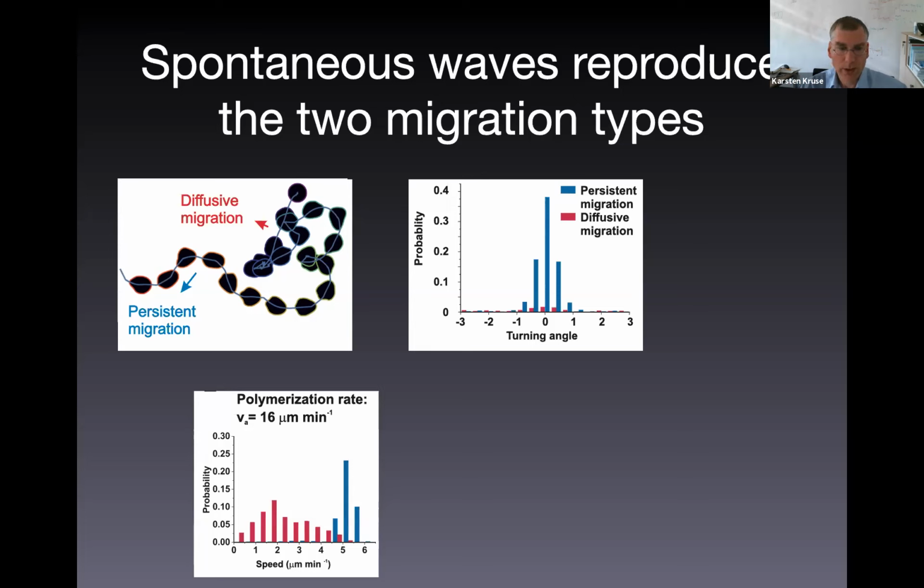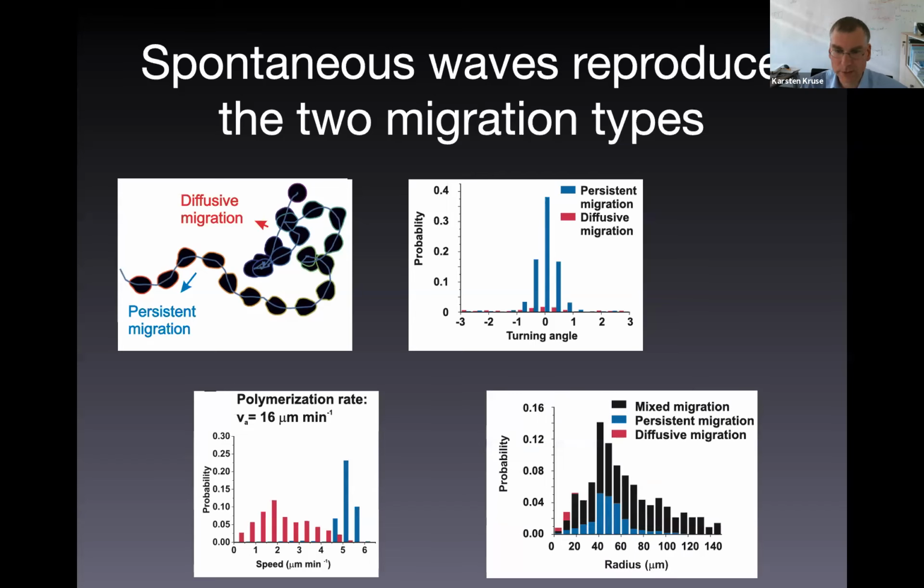You can also look at the speed, and again, here we find that the persistent migration is faster than the diffusive migration. I'm on purpose not showing you the data in comparison with the experimental data, because the quantitative agreement is very poor, and I will comment on this in a minute.